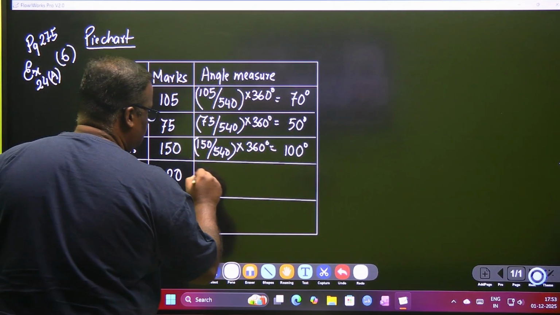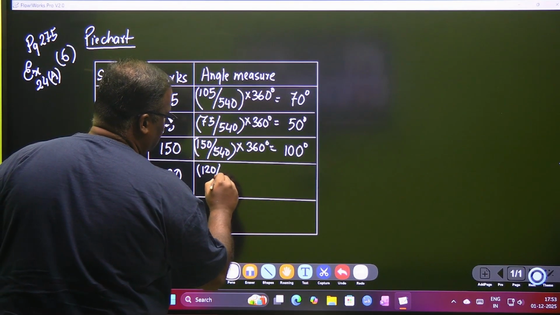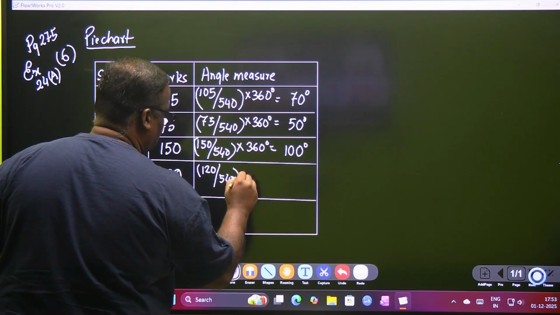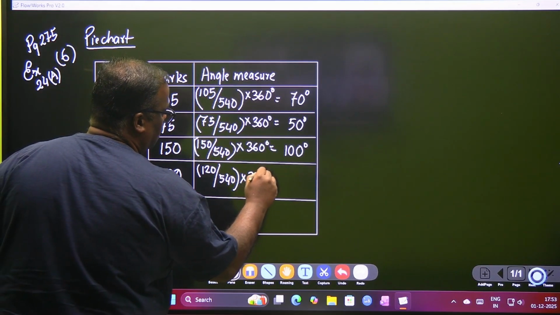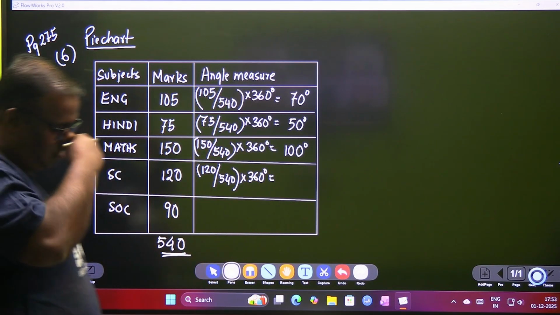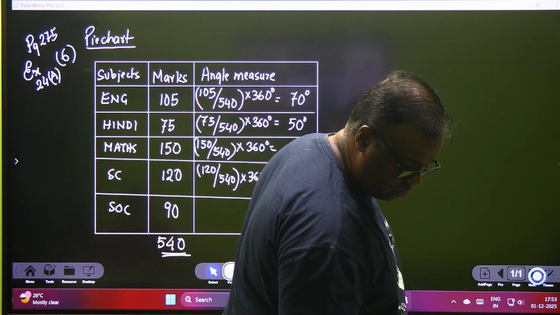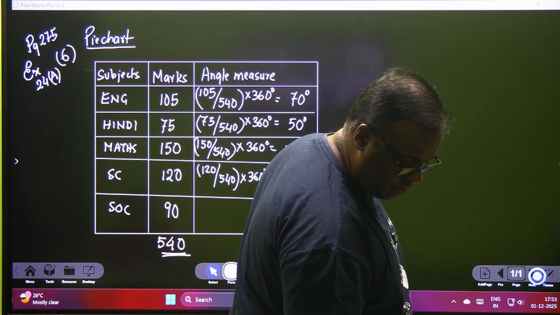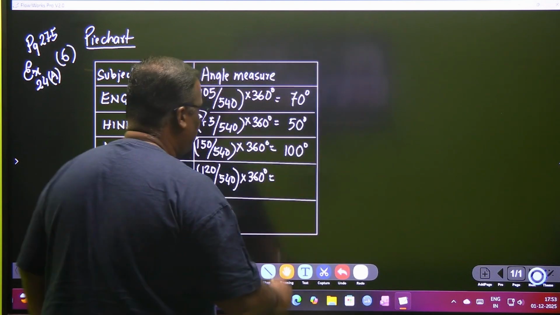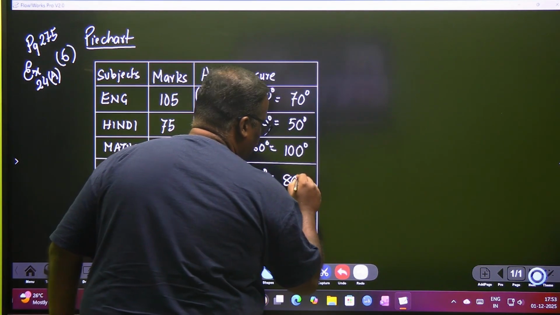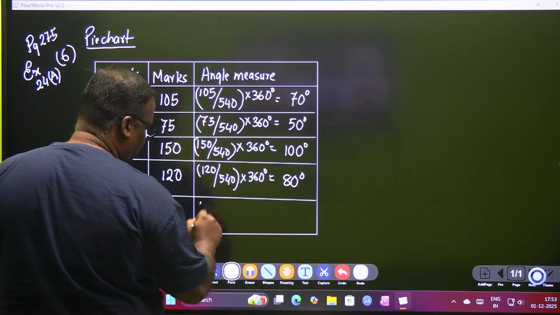The next one is 120 upon 540 multiplied by 360. That's 79.99, so 80 degrees.